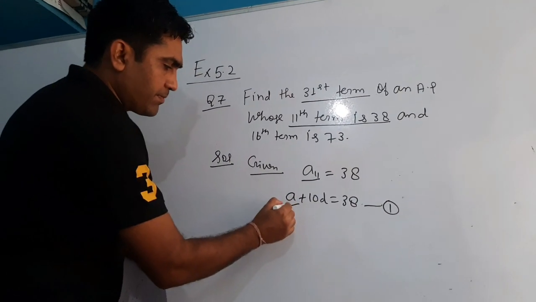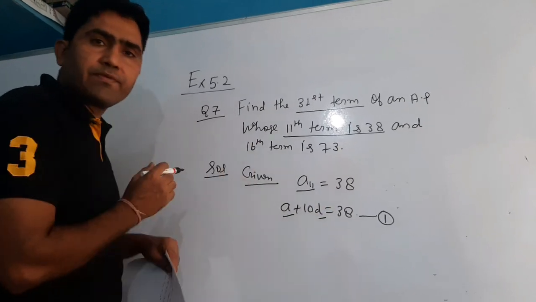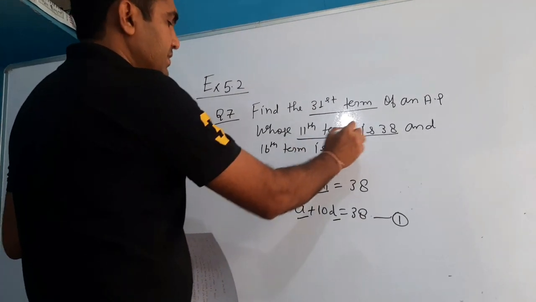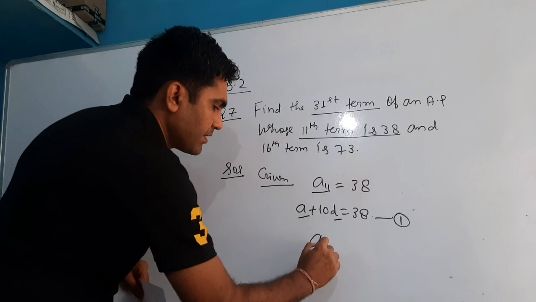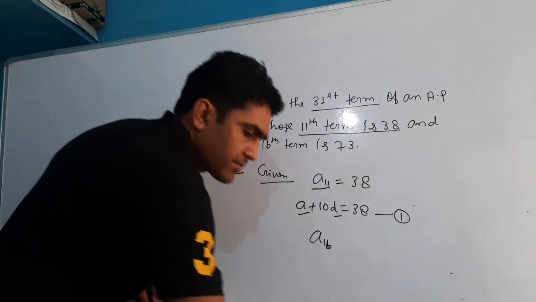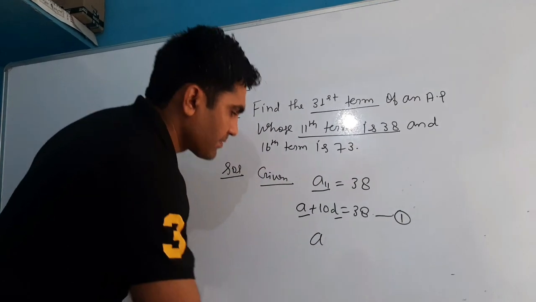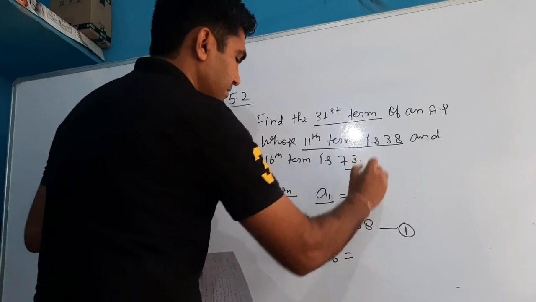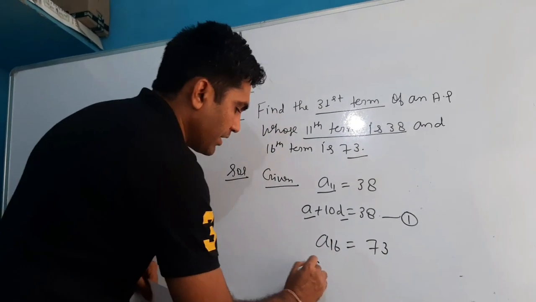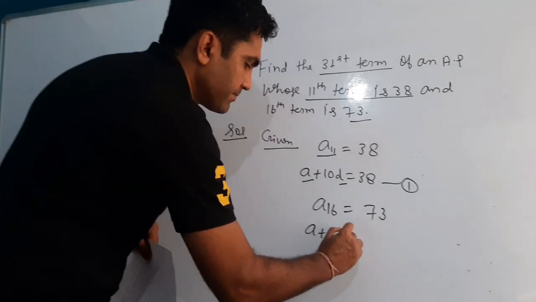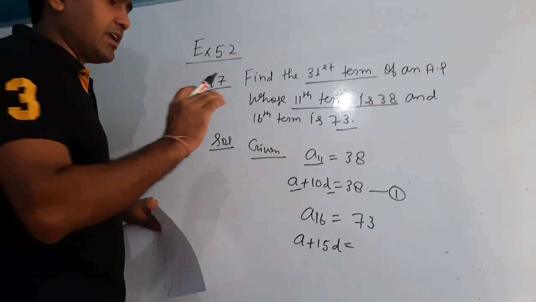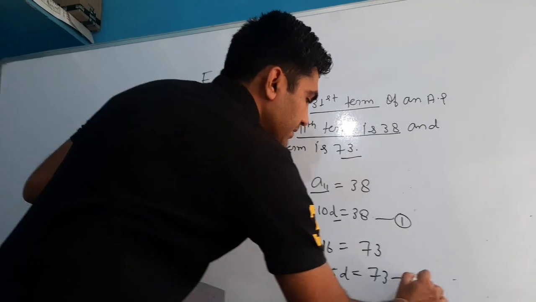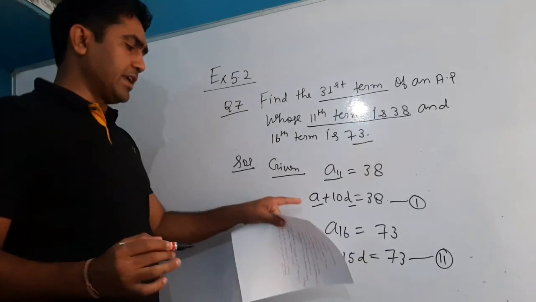A is the first term of the AP and D is the common difference. Now 16th term A16 is 73. So A plus 15D equal to 73. This is the second equation.